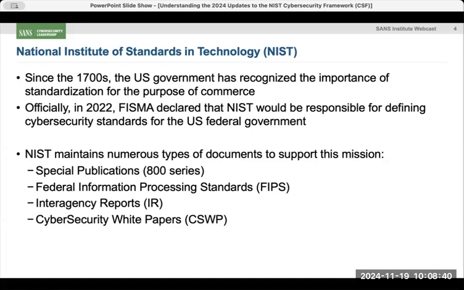But they also have Federal Information Processing Standards, or FIPS. A lot of times you see encryption standards and things like that in FIPS requirements. You have interagency reports, or IRs, and cybersecurity white papers, or CSWPs. There are even other areas of special publications outside the 800 series. So there are quite a few documents that NIST is responsible for maintaining.